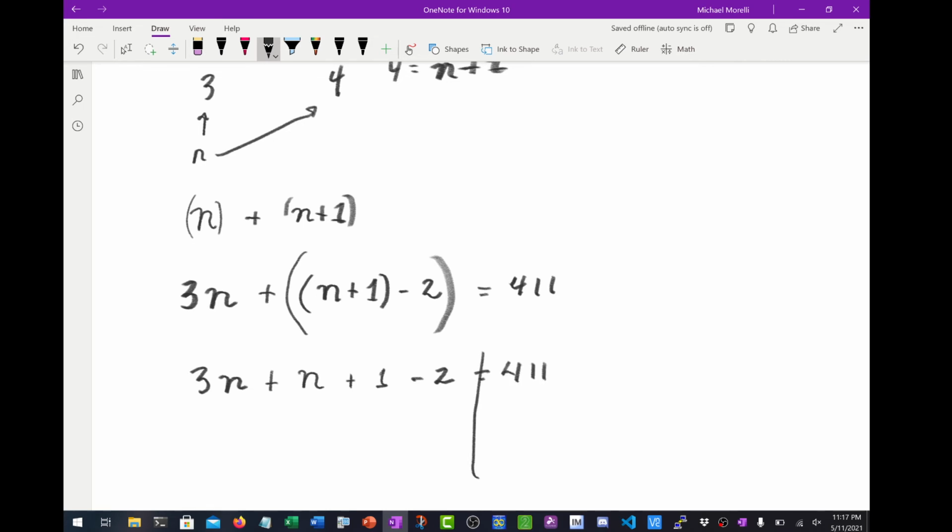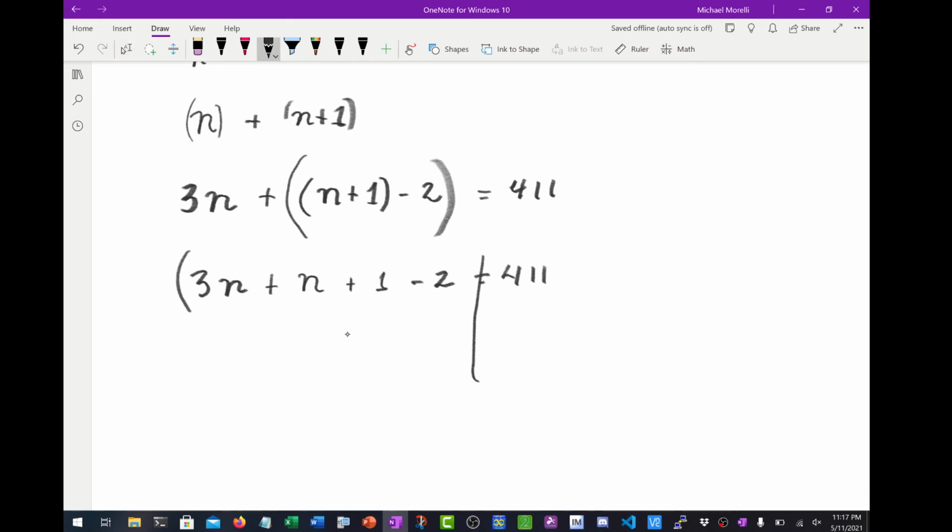Okay. So I can combine these terms and these terms. So 3n plus n is going to be 4n. Remember, there's a 1 here. And then 1 minus 2 is negative 1. So 4n minus 1 equals 411. So now I'm going to add 1 to both sides. 4n equals 412.